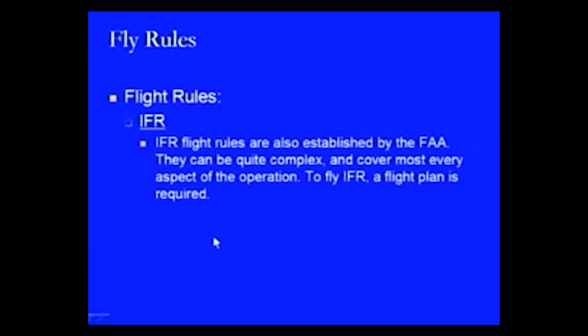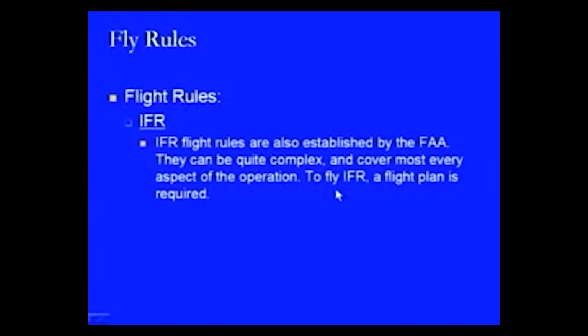Whereas, in the case of IFR, the IFR flight rules are again established by the Federal Aviation Administration of the US, and they can be quite complex and may cover almost every aspect of the operation.